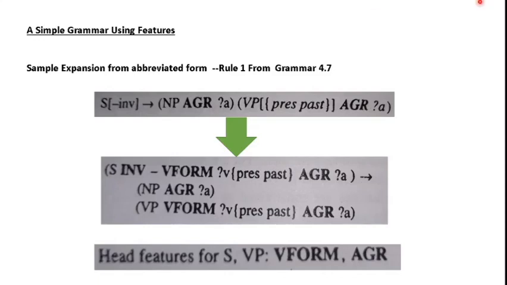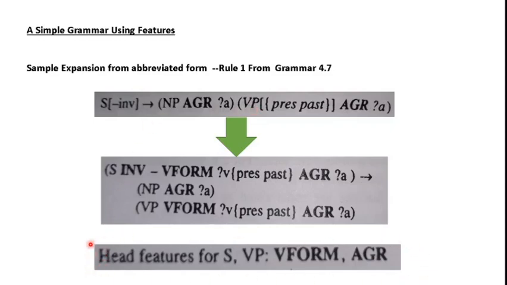As in the case of the first rule, that is S gives NP VP. As usual, S is your mother constituent, and on the right side, VP is the italicized form, so it is your head constituent. Now the head features have to be already identified.